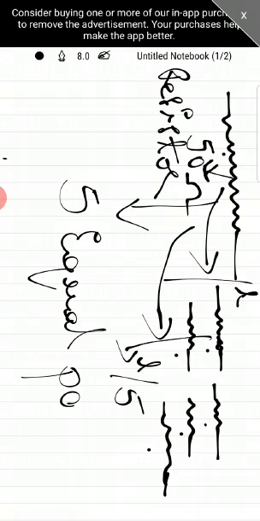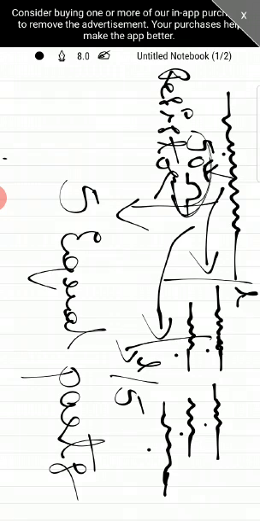Once again, here we have one resistor. Its resistance is 50 ohms, and its length is capital L. Now this resistor is divided into 5 equal parts.